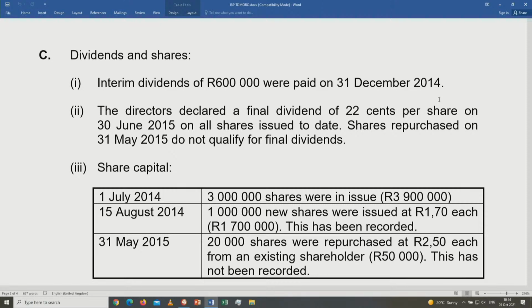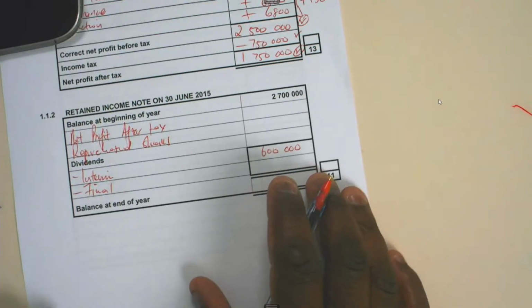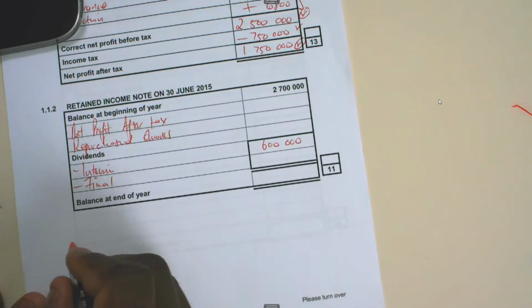Right, now note number 7 is not part of our question, but for us to be precise with our figures, with our number of shares, we need to draw that aside. Let's quickly draw our note number 7.